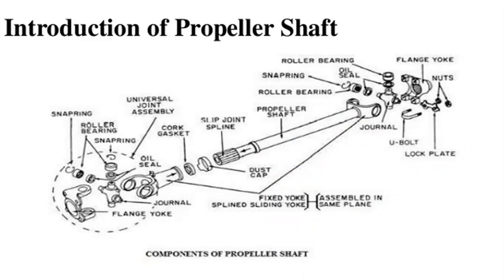In this propeller shaft, what different components are involved? The main one is the propeller shaft, and on it we have a slip joint spline. In that slip joint spline there is a dust cap. Some amount of dust particles from the air or engine are collected through this dust cap.